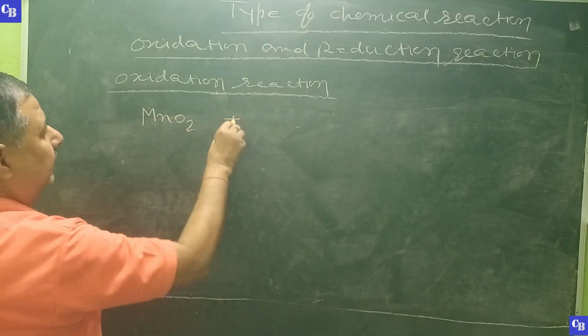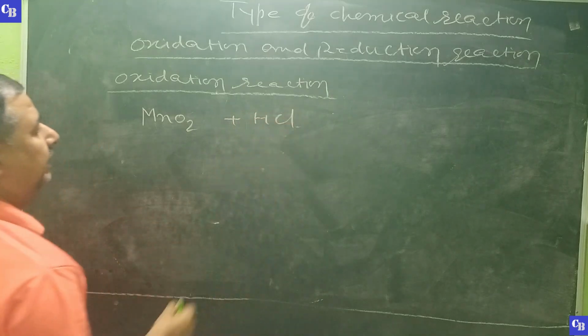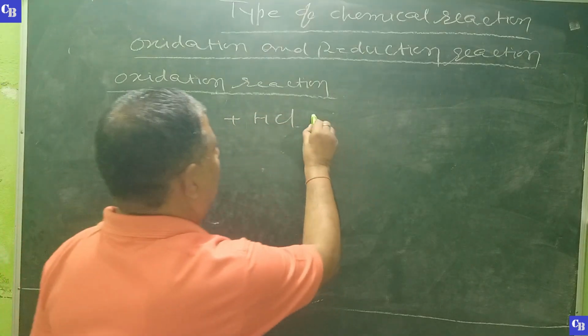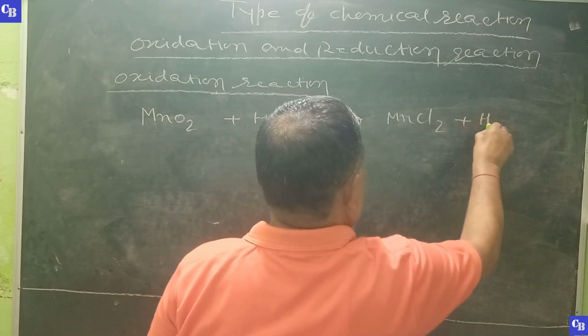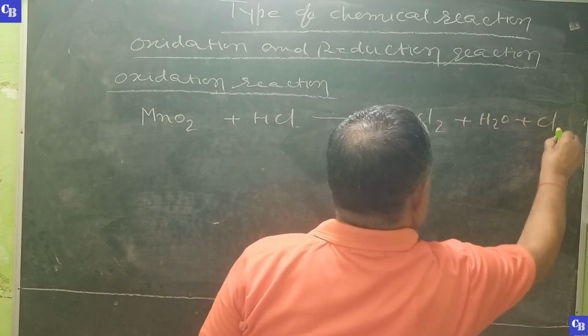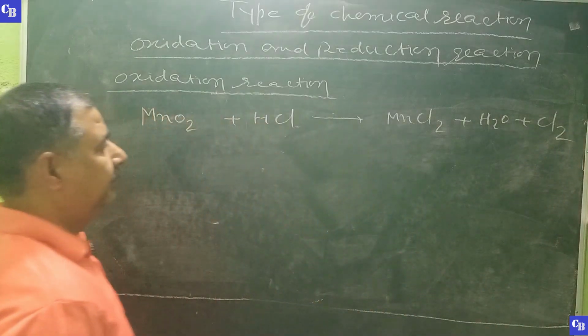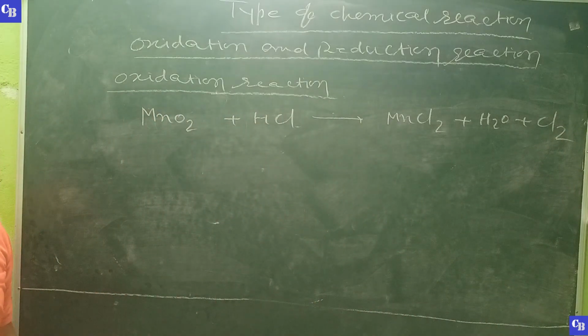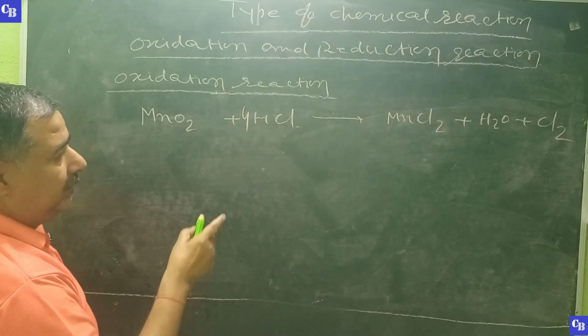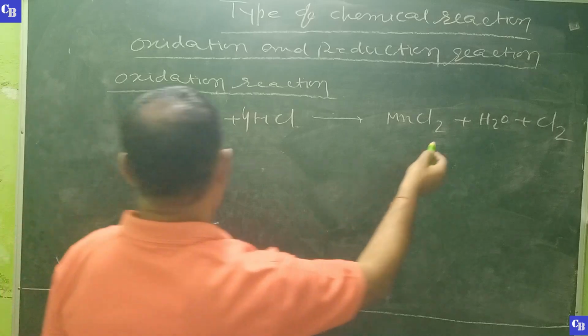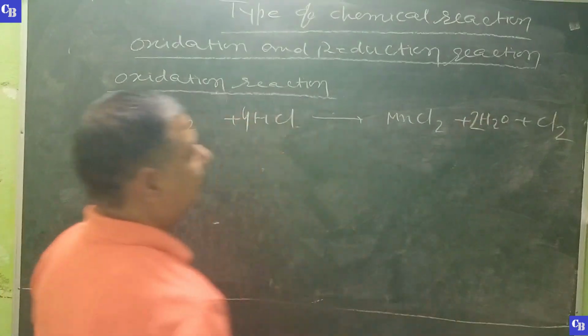Manganese dioxide reacts with hydrochloric acid, HCl. Then it forms MnCl2 plus H2O, and chlorine gas is evolved. You balance this equation by putting 4 HCl and 2 H2O.